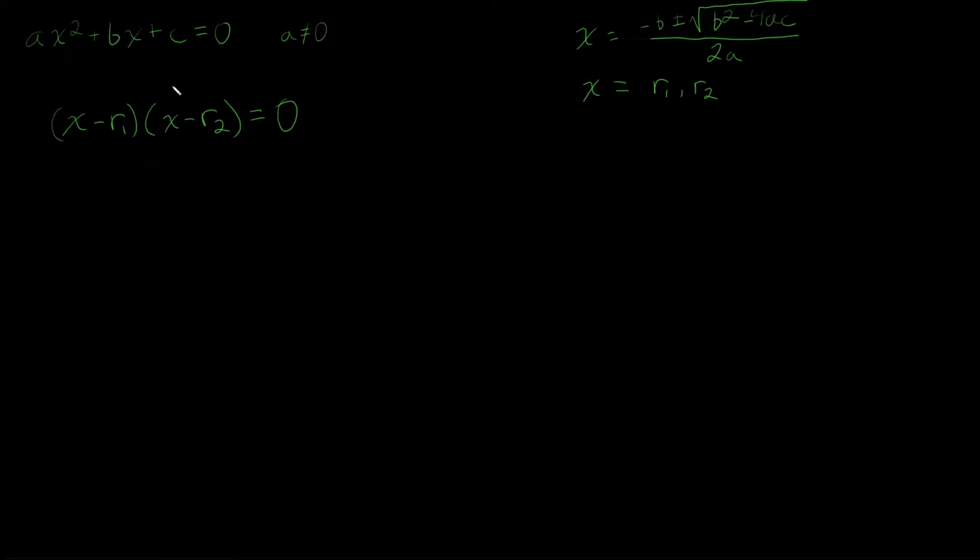Except if you were to multiply this out, you wouldn't end up back at ax squared plus bx plus c, because if you FOIL this, you get x times x, which is x squared, not ax squared. So if we just slap an a out front, you do actually have a factorization of this quadratic. To see what I mean, let's take a look at an example.